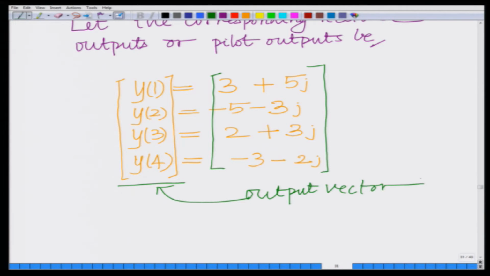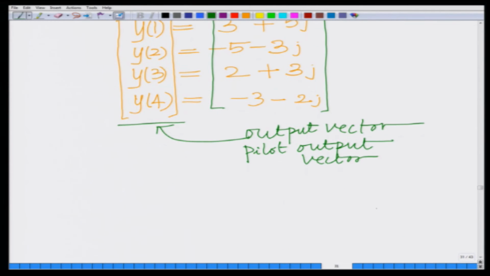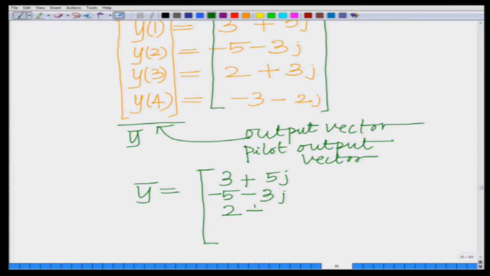Since these are the outputs corresponding to the pilot symbols, it is understood that this is the pilot output vector, denoted by y bar. Writing this explicitly, my y bar is 3 plus 5j, minus 5 minus 3j, 2 plus 3j, and minus 3 minus 2j.